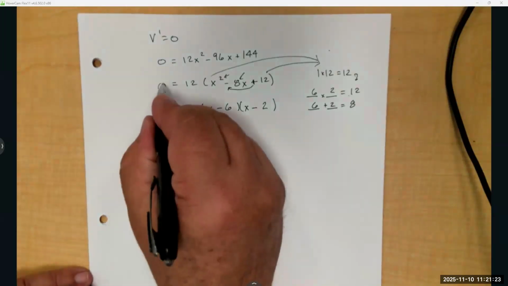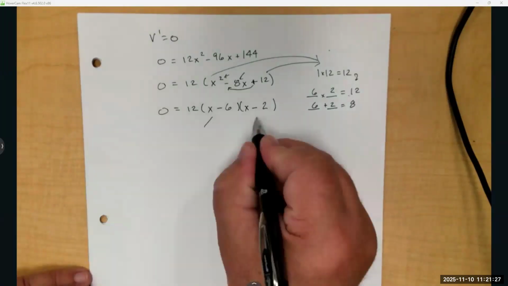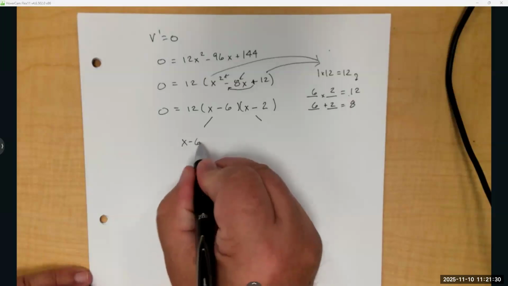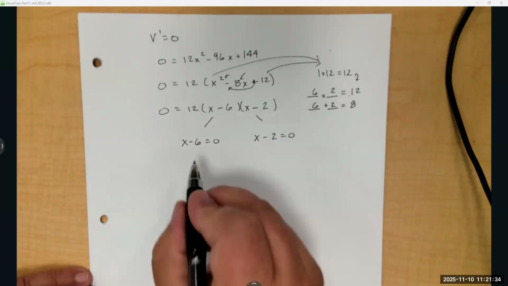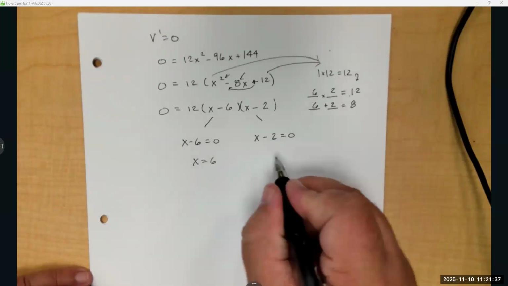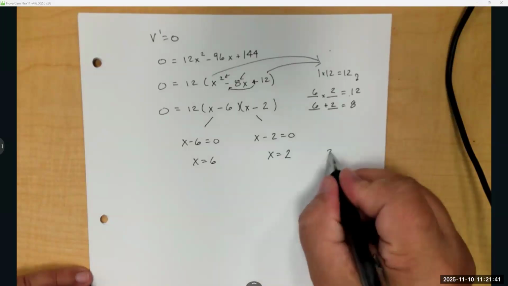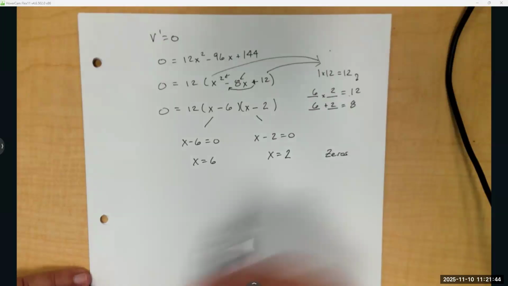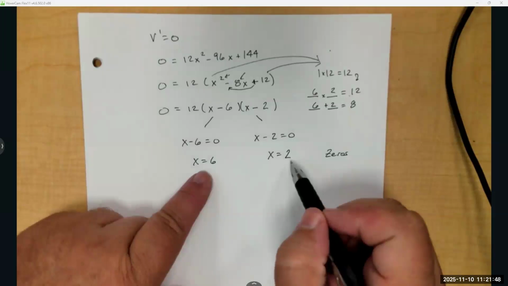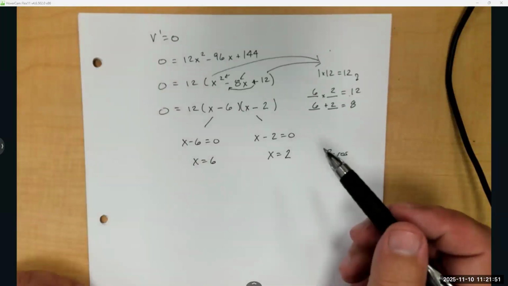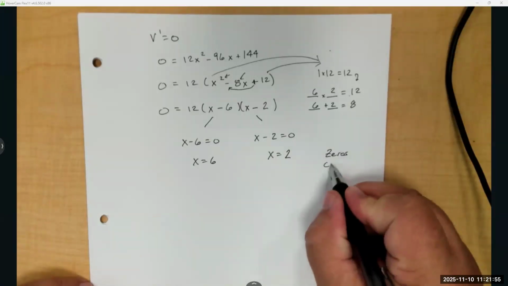Remember, we've set this equal to 0. So by the zero product principle, we have to find out what our zeros are. These are our zeros, our critical values in this case, because I plug them back into the first derivative equals 0, which means it's also where the slope is 0. So those are my critical values.